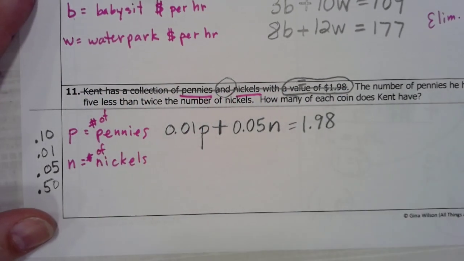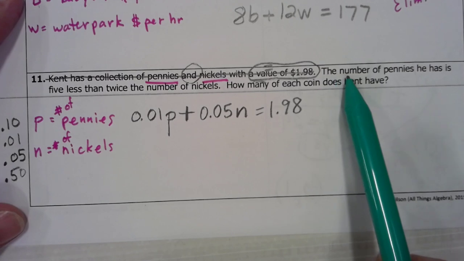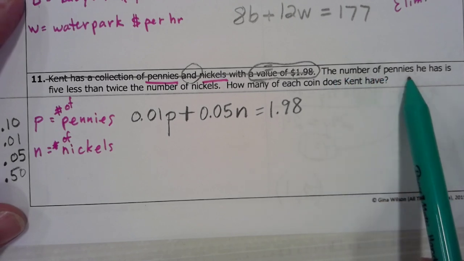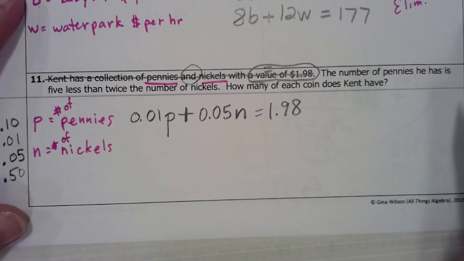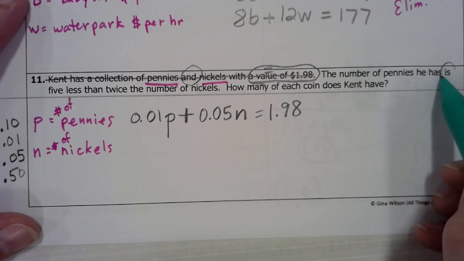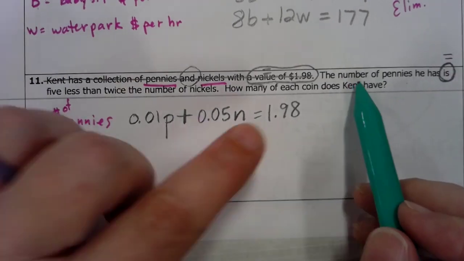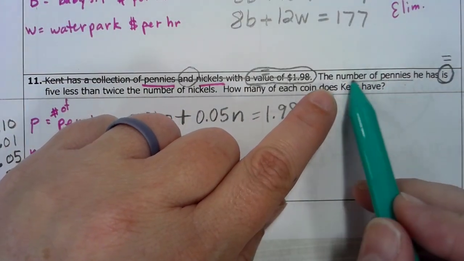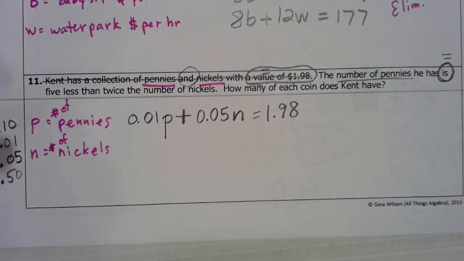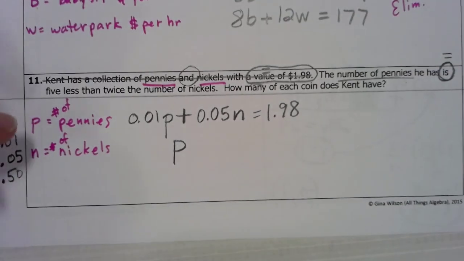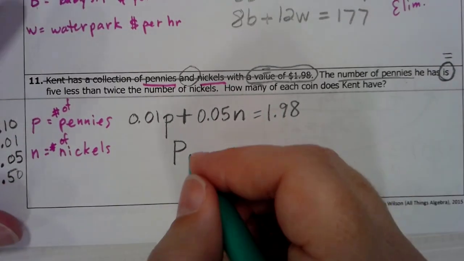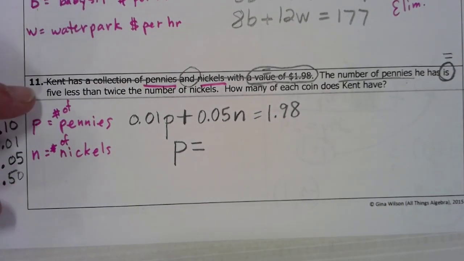The number of pennies he has. Equals is a great word in math. Do you know what it means? Equals. So what could I put for the number of pennies? P. So P is the number of pennies, like it literally says that right there.